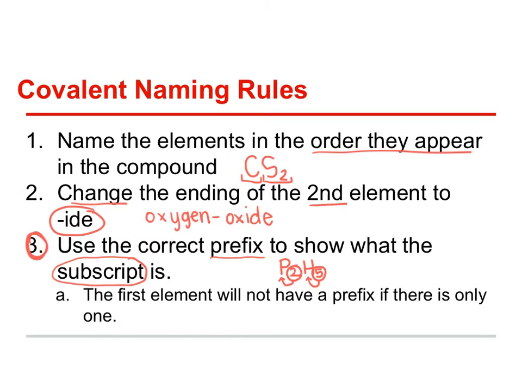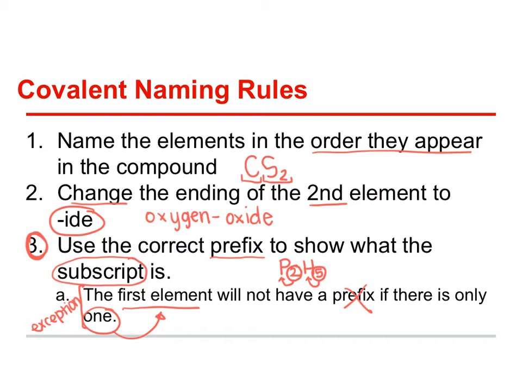So 2 different prefixes. There is an exception. So this part here, this is an exception. If the first element only has 1 of them, then we don't use a prefix. Otherwise, every other example has a prefix. The second element will always have a prefix.